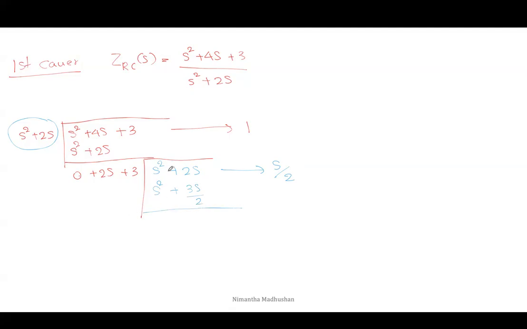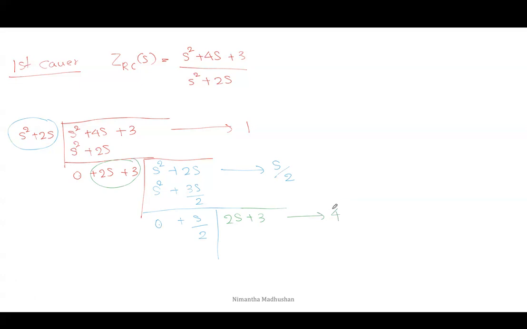Now I can subtract these two: 0 plus s over 2. Then this part, 2s plus 3 divided by s over 2. The answer is 4.